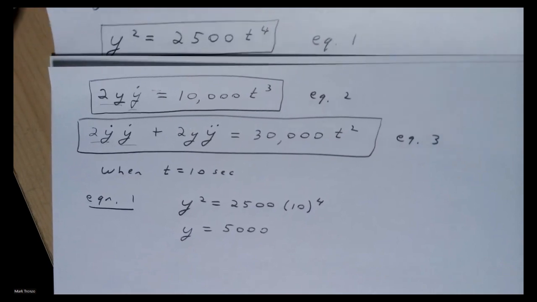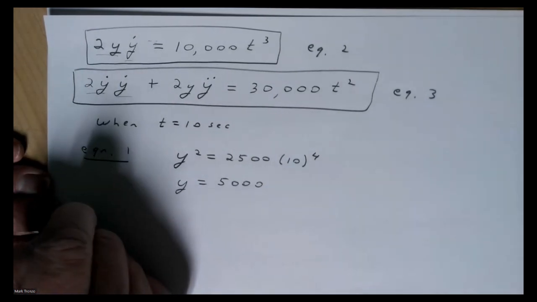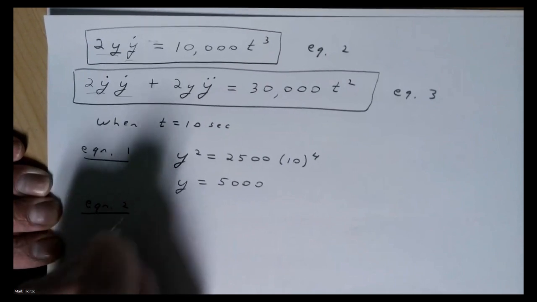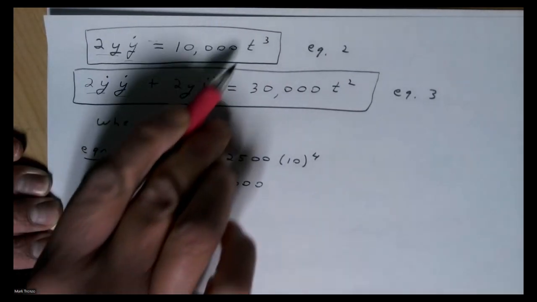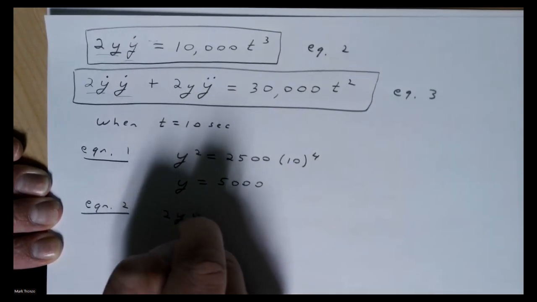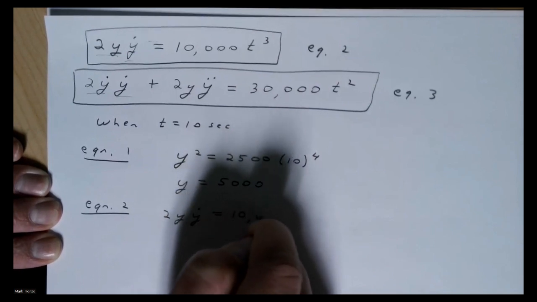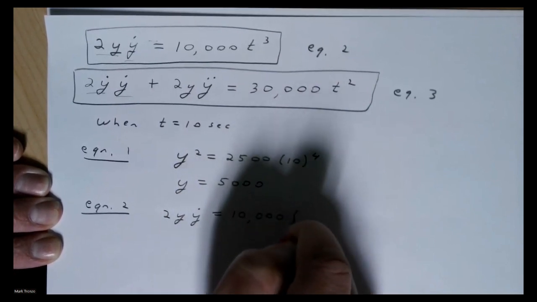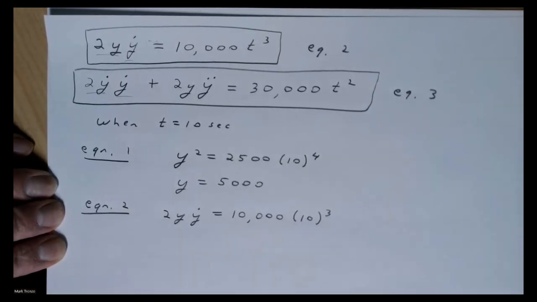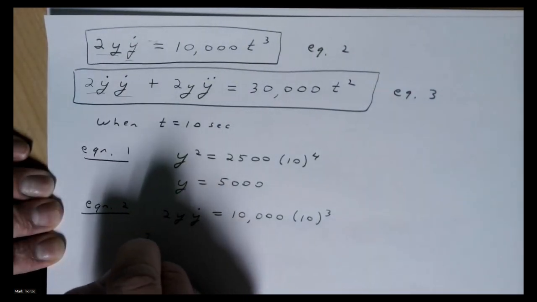Then we're going to also need the velocity. And again, at 10 seconds, we'll put that in here. So we're going to use 2y, y prime, 10 cubed here. And then we're going to need our y here from the previous step.